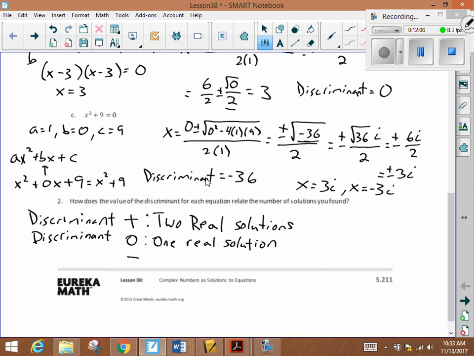And when our discriminant was negative, there were two non-real solutions. It could be non-real, could be complex.